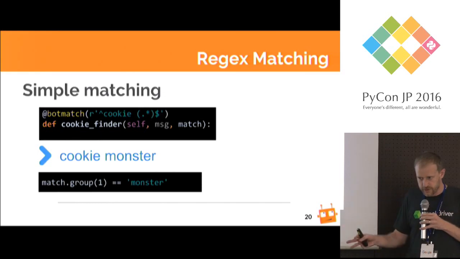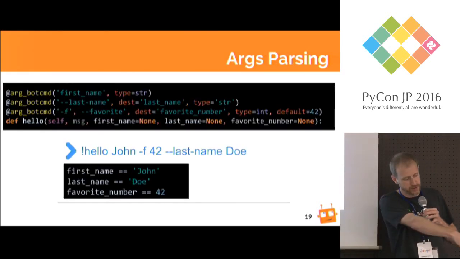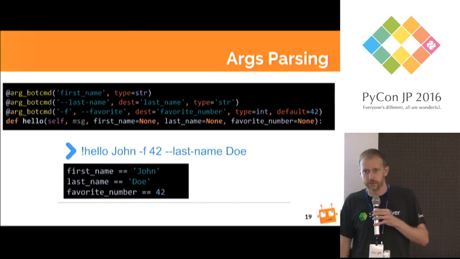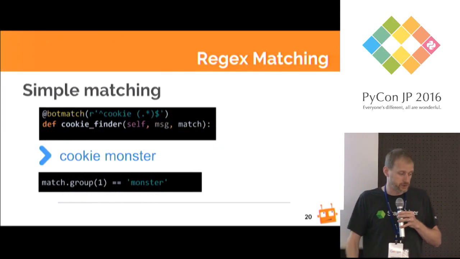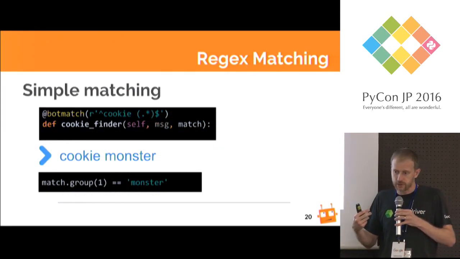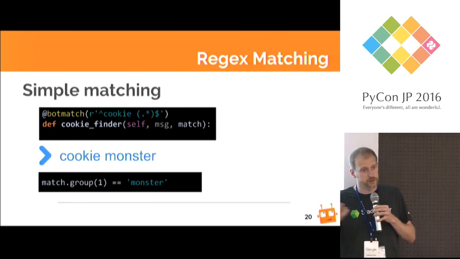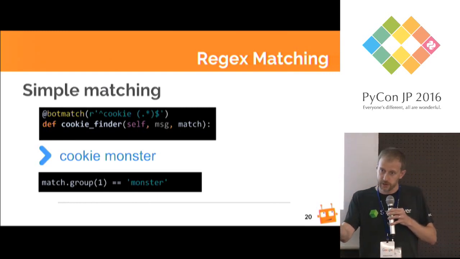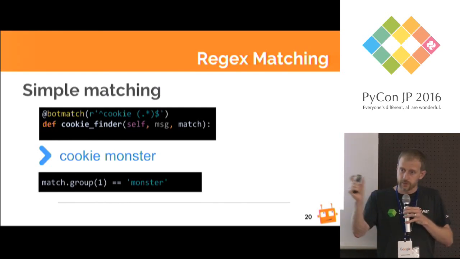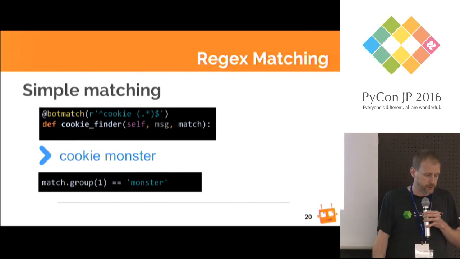So all those things were about, okay, you probably noticed that every time there is a question mark before the command. And this question mark, you can change it, but you can also parse anything. You can make the bot listen to every single message, and when it matches a specific regexp, it extracts the match object from the regex and injects that to the command.